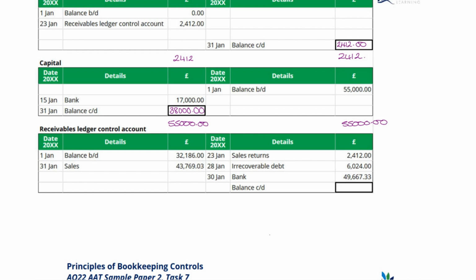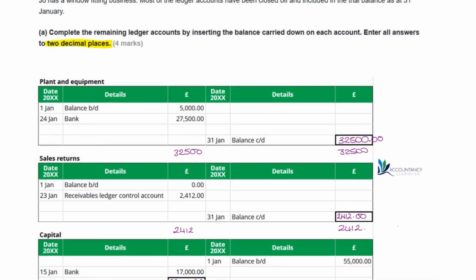So if we just use our sort of numerical sense here, the debit side is going to be higher. So our total for both sides is 75,955 and 3p. And our balancing figure here on the credit side to meet that is then 17,851.70. So you can see that we've got all of the ledgers now balanced off.